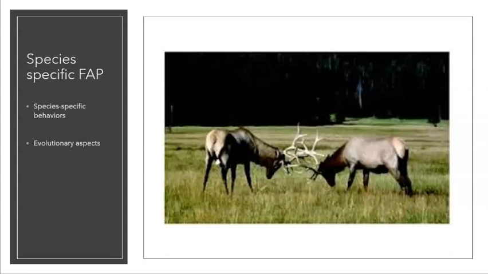So here we've got two elk wrestling with their antlers. This FAP is that they see a competing male. That's going to be the sign stimulus. They're going to put their head down in this kind of challenging, aggressive manner to be like, I will fight you with my antlers.